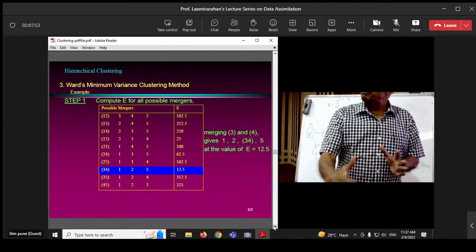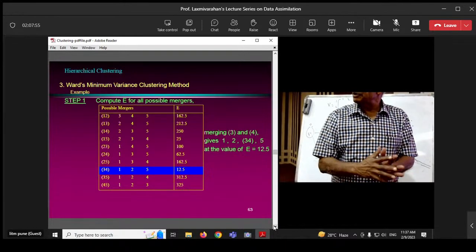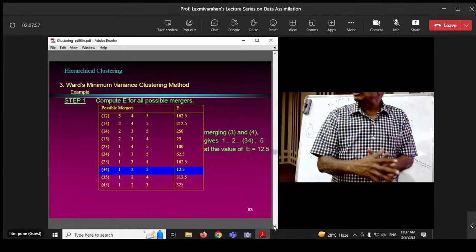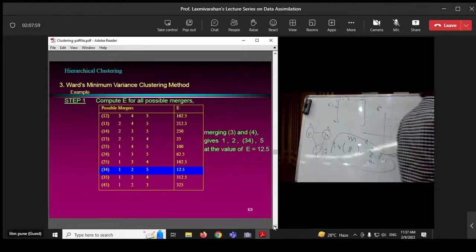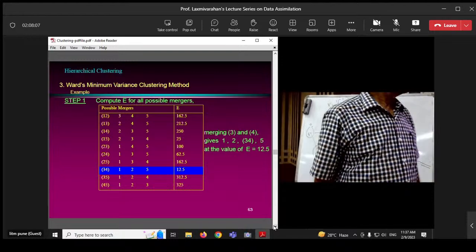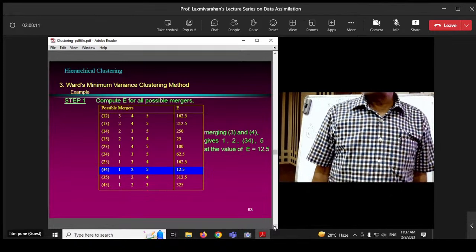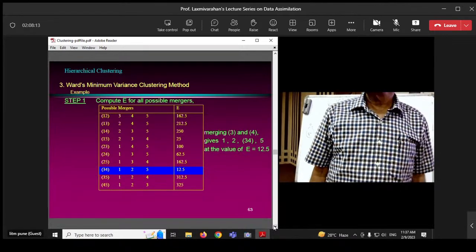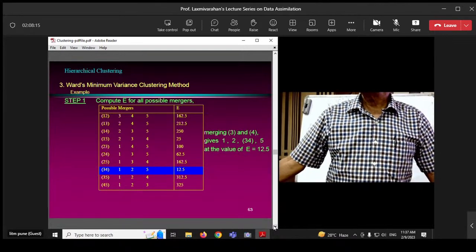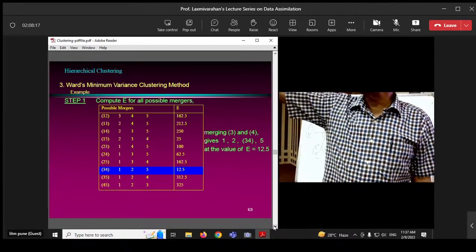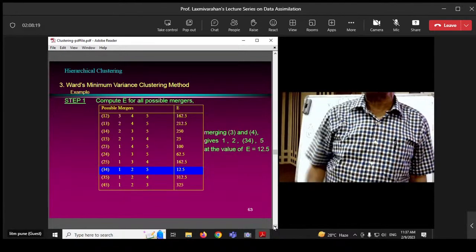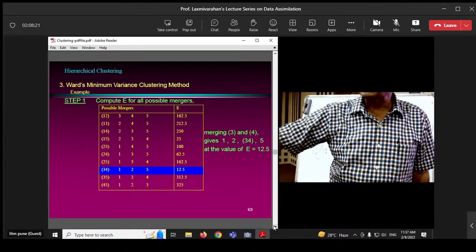I have to compute the average, compute the difference squares, and compute the increase in the variance. So what is the minimum that occurs? 12.5. And where does it occur? 3, 4. Aha. 3, 4 were close, looking at it this way.